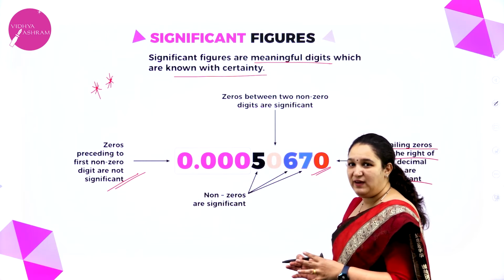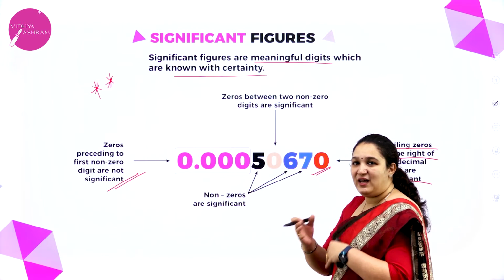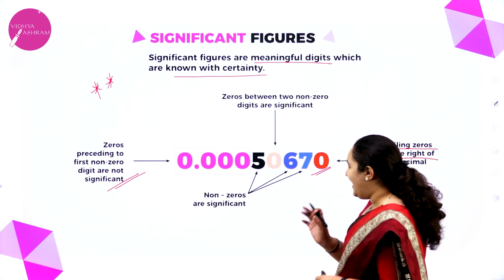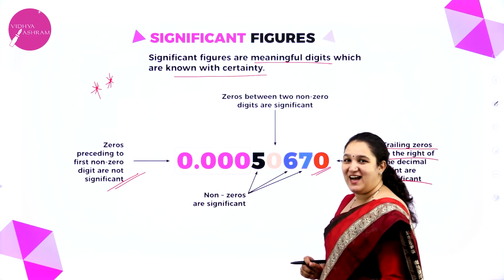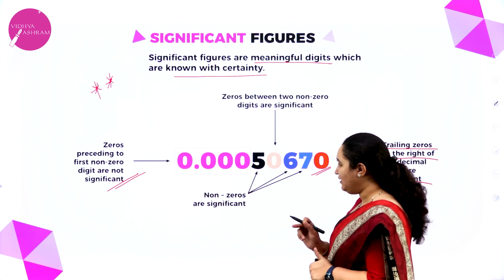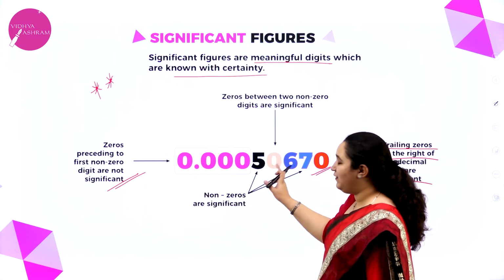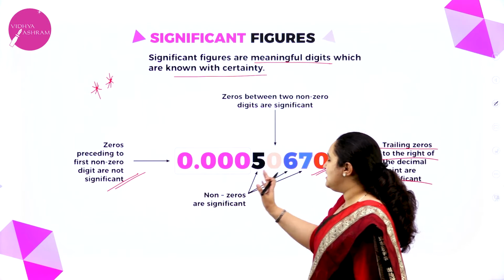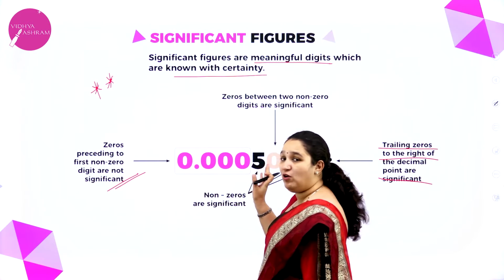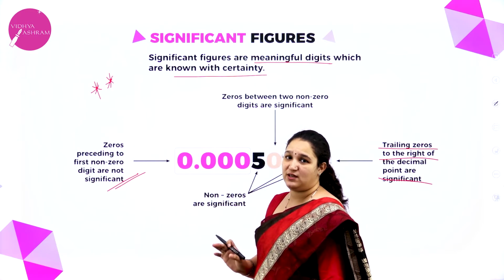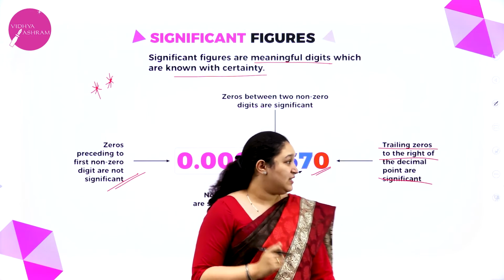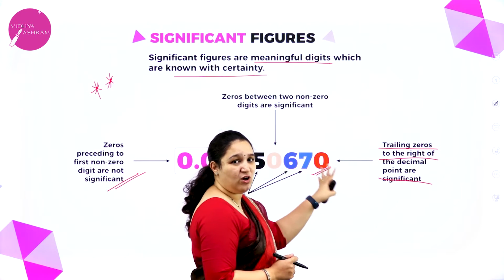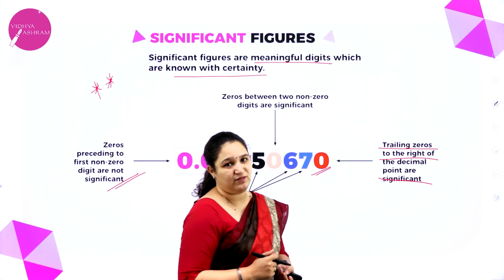So, all non-zero digits are significant. If the 0 is coming in between the non-zero digits, it is significant. The zeros preceding the non-zero digits are not significant, and the zeros coming after the decimal point, after the non-zero digit, are significant.